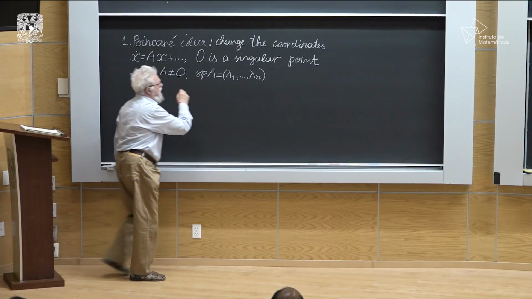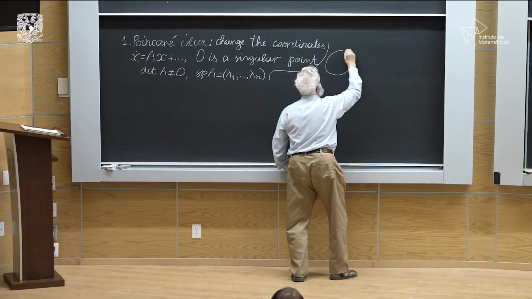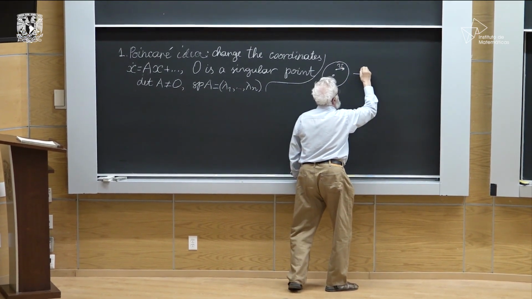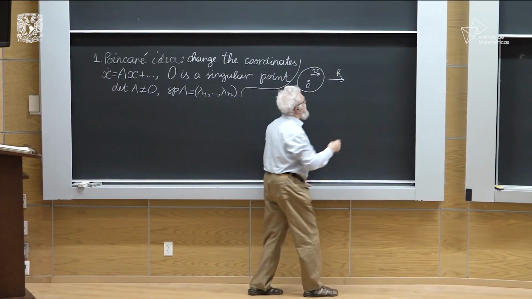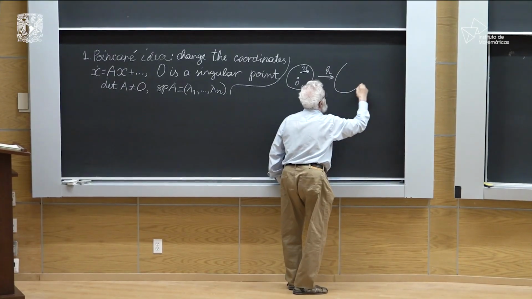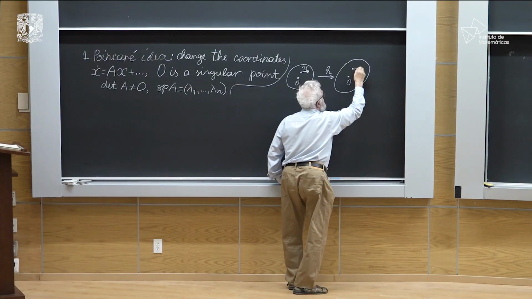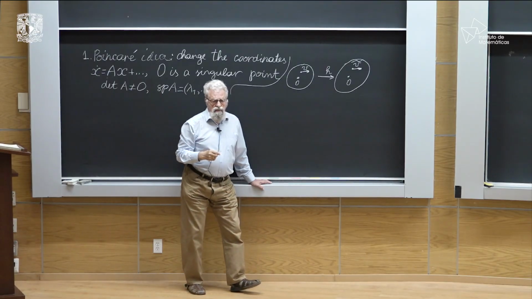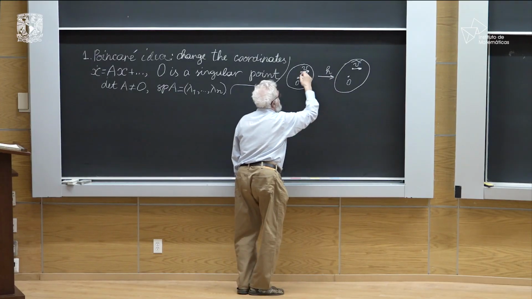So we have a picture like this. This is the neighborhood of 0 and our original vector field V here. We take a diffeomorphism, a coordinate change, H. We come to another neighborhood of 0, and we want the resulting vector field V tilde to be much simpler than A. The relation between V and V tilde is the following.